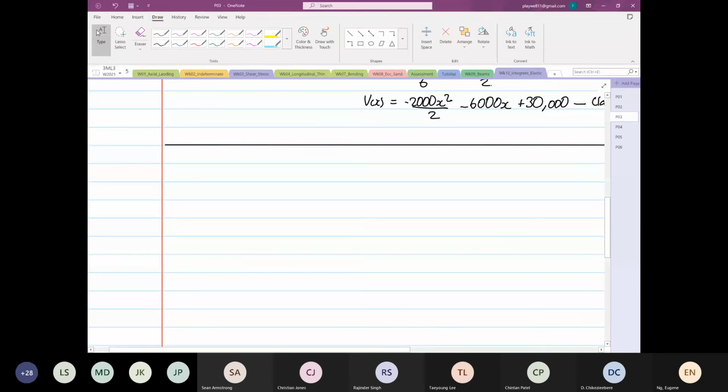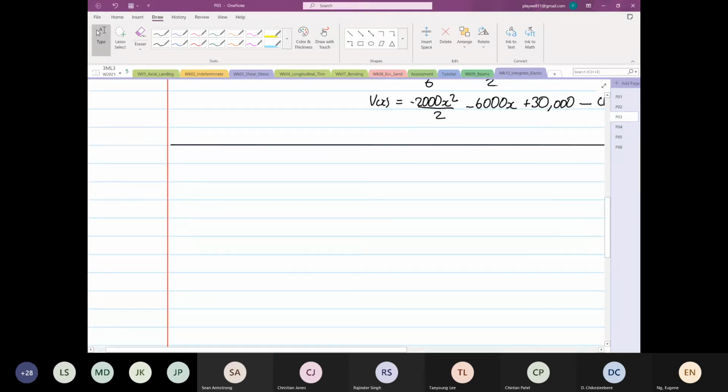Now, next we are going to apply, or we are going to determine the deflection of beams using the elastic curve method.